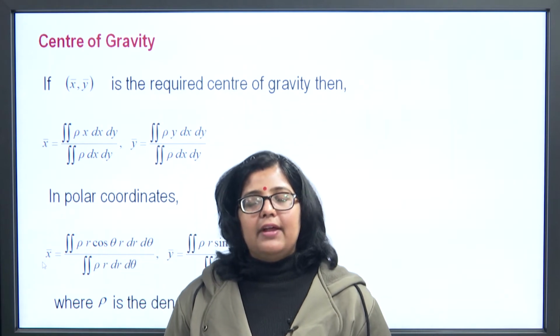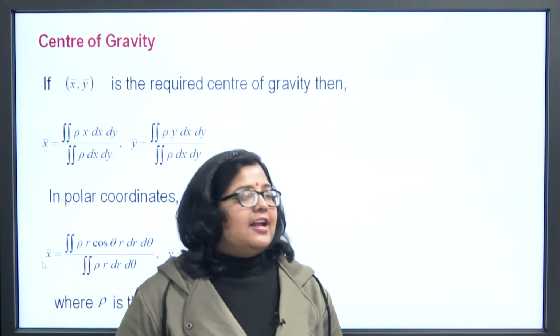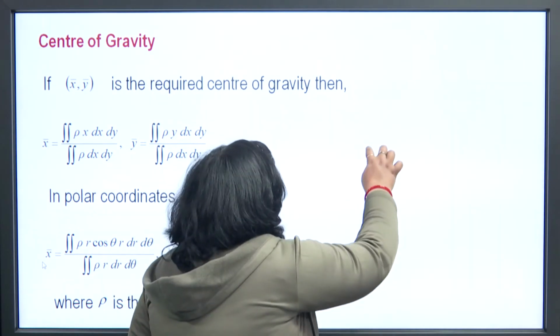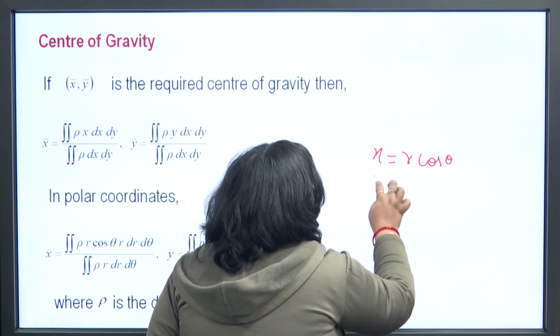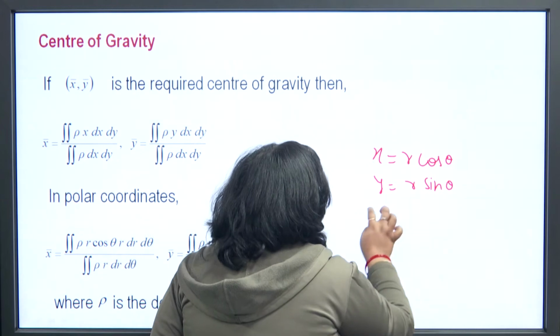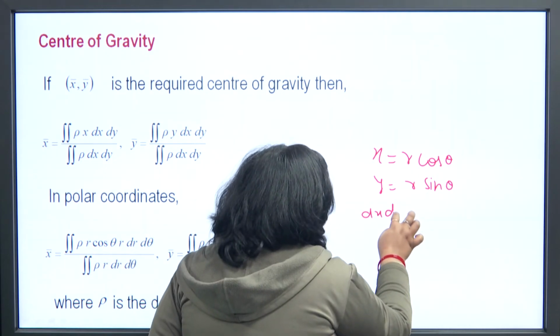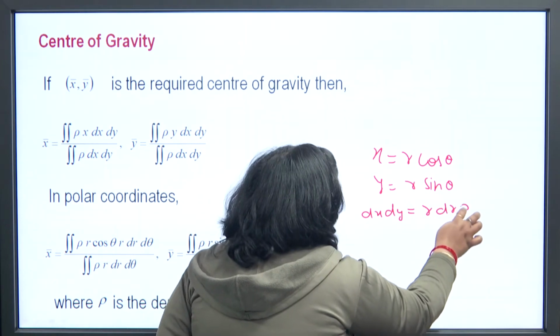We can also write it in polar coordinates. We replace x equal to r cos theta, y equal to r sin theta, and dx dy can be written as r dr d theta.